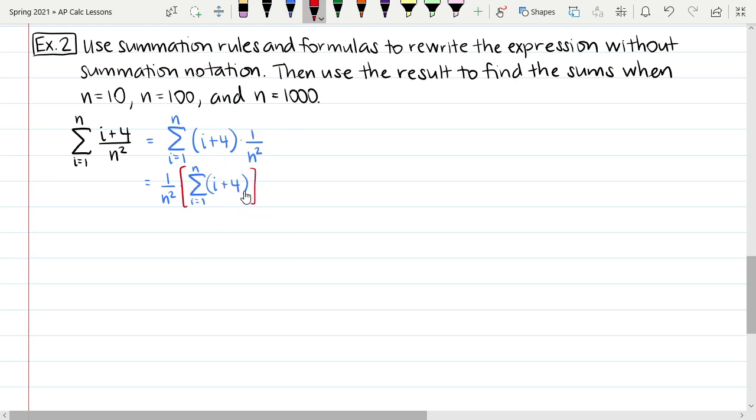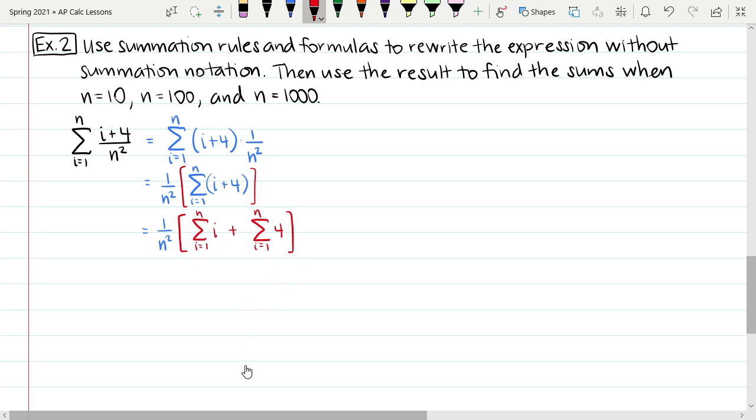So when I separate this into two separate summations, remember that 1 over n squared is multiplying with the entire thing. You've got to be careful there. So this now becomes 1 over n squared times the entire sum of the summation from i equals 1 to n of i plus the summation from i equals 1 up to n of 4.